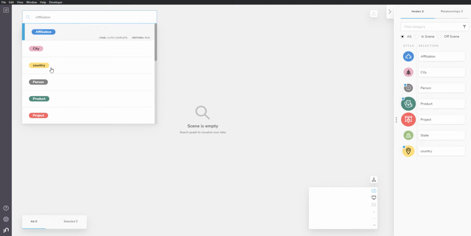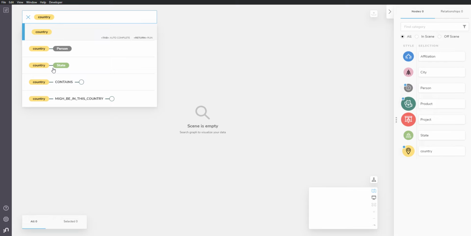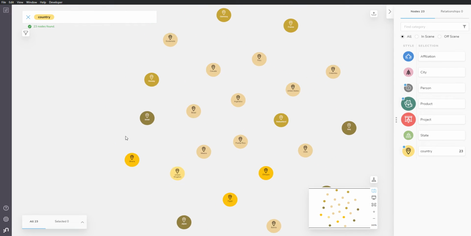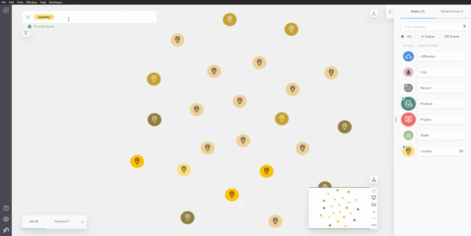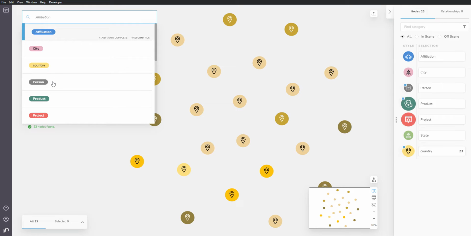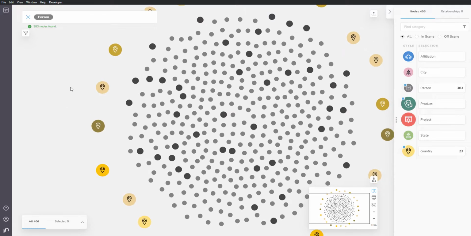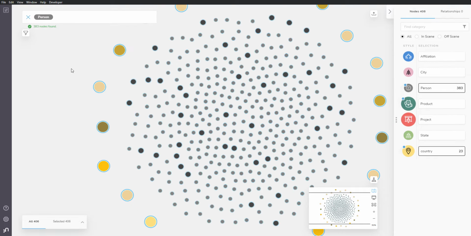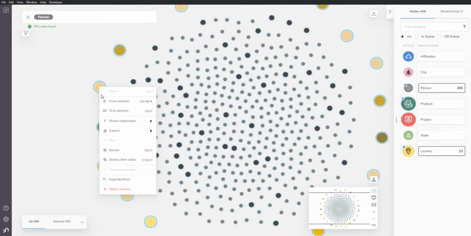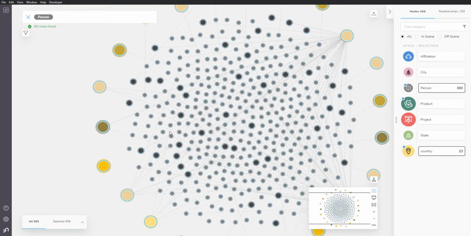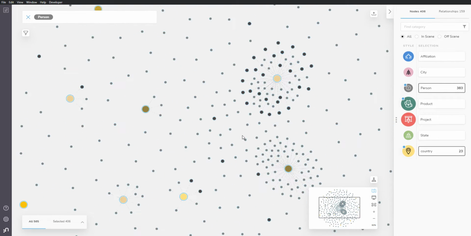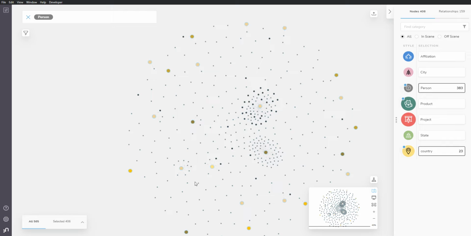So we have countries, and we could put countries and person, but the countries like India, for example, we have all these relations.